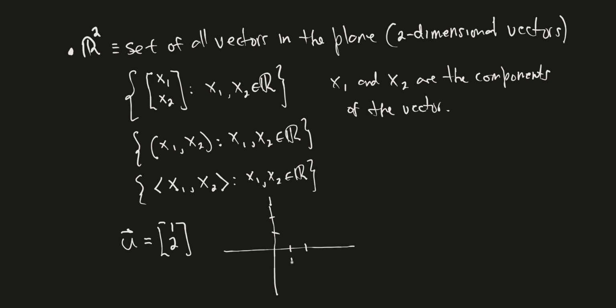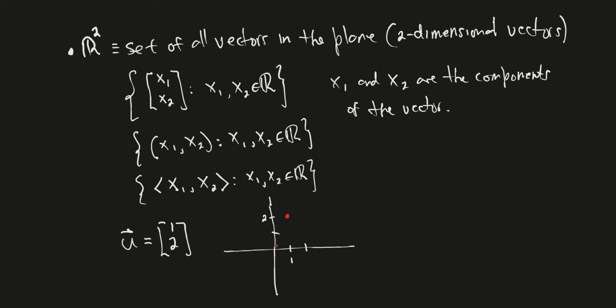So there, I'm going to put a 1 there. And then the second component on the vertical axis, I'm going to put a 2 there. And to draw this vector, I'm going to have the initial point of the vector at the origin, and then the final point of the vector at the point 1, comma 2. So this would simply be the point 1, comma 2.